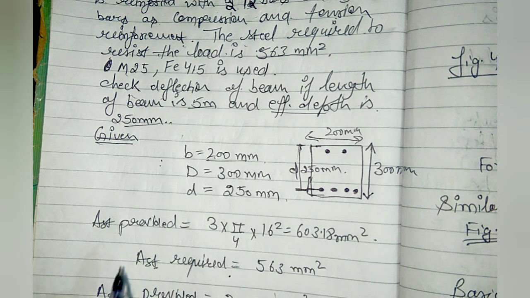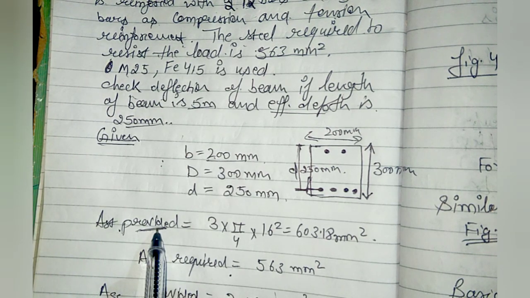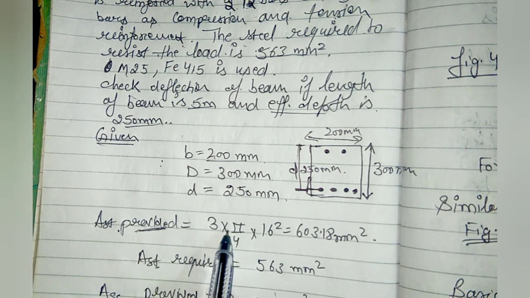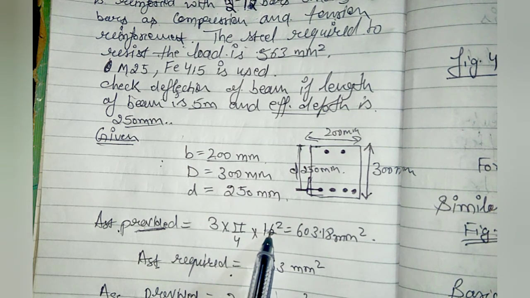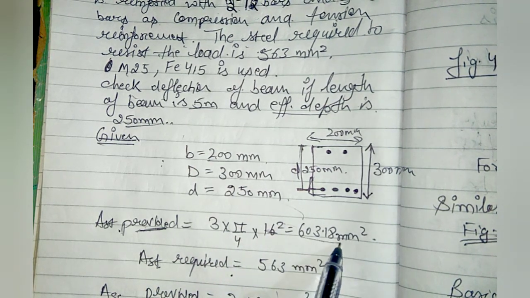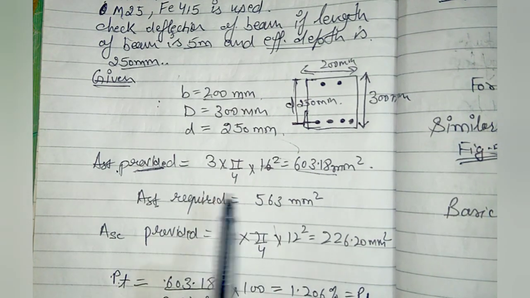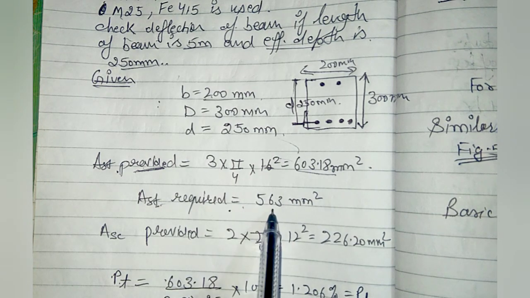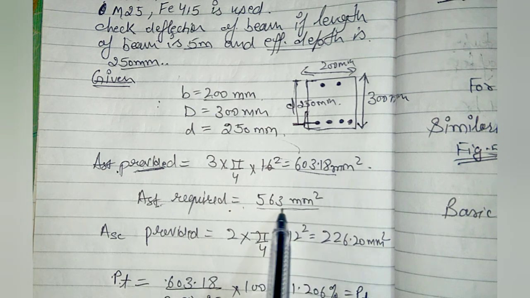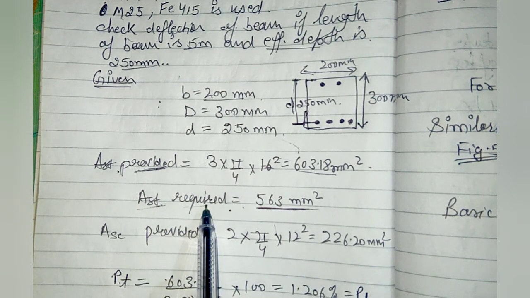Now, Ast provided. First of all we will calculate the Ast provided. Three bars of 16 mm diameter, we'll calculate the area, that will come out to be 603.18 mm square. Now Ast required is given in the problem. This is 563 mm square, the required area of steel.